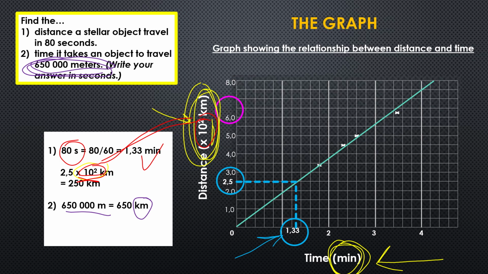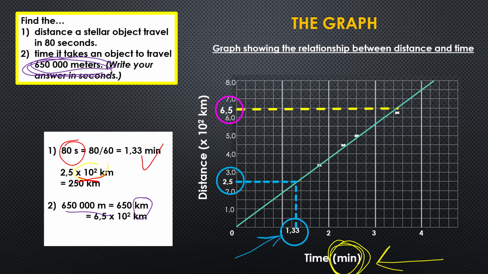And the reason for that is this scientific notation. That scientific notation is times 10 to the power 2. So you need to rewrite your answer, 650 kilometers. You need to rewrite it so that it has this times 10 to the power 2. And then you'll see, oh, so that is 6,5 on my graph.